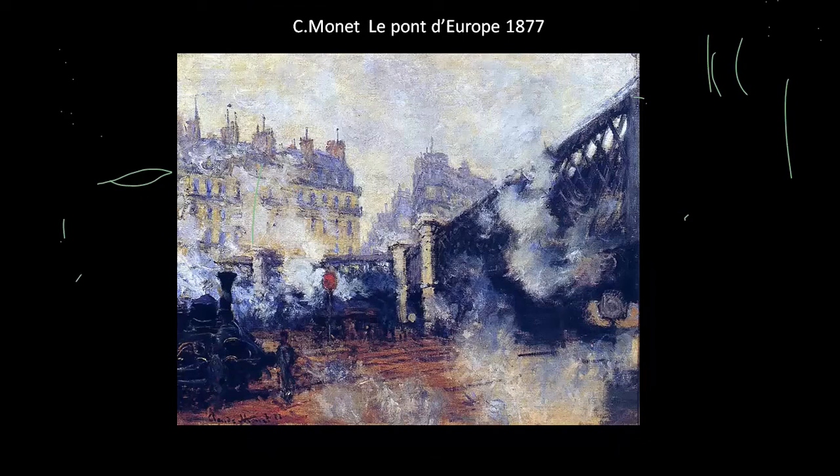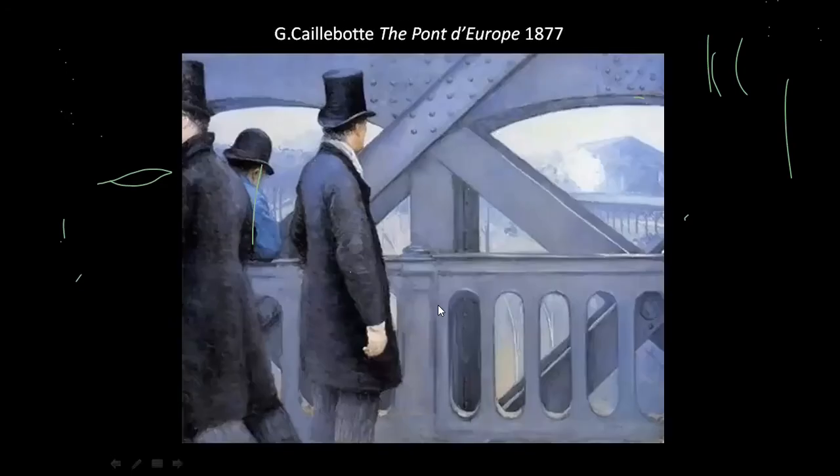Zola even writes an entire book called La Bête Humaine, the human beast, which is the story of someone on a railway engine.